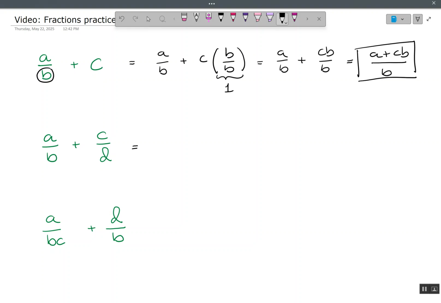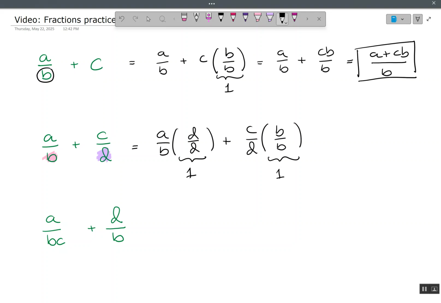In this next situation, we have two fractions, and on the bottom, we don't have any common factors. So what we can do is multiply the one on the left by 1 in the form of d over d, and the one on the right by 1, multiplying by b over b.